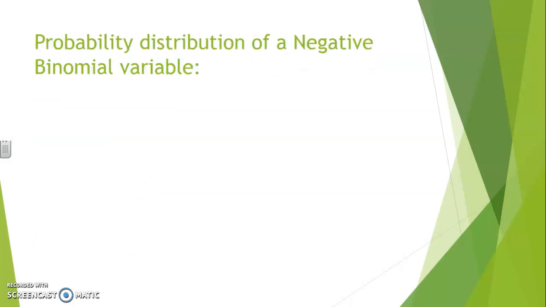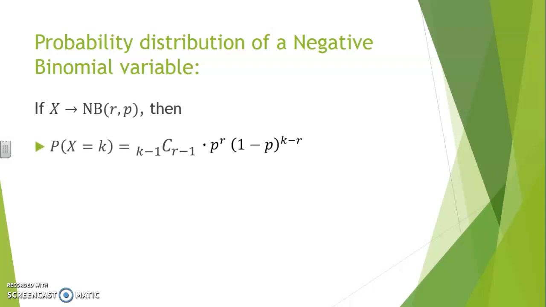If probabilities are to be calculated in a negative binomial situation, then the probability function is given by the combinations of k minus 1, from which r minus 1 are chosen. That represents essentially the r minus 1 first successes having to take place in the k minus 1 first trials.